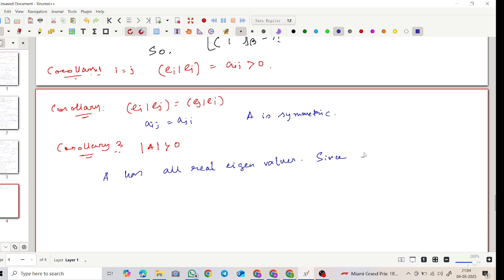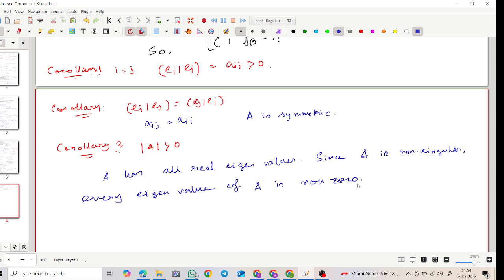Since A is non-singular, every eigenvalue of A is non-zero, right?